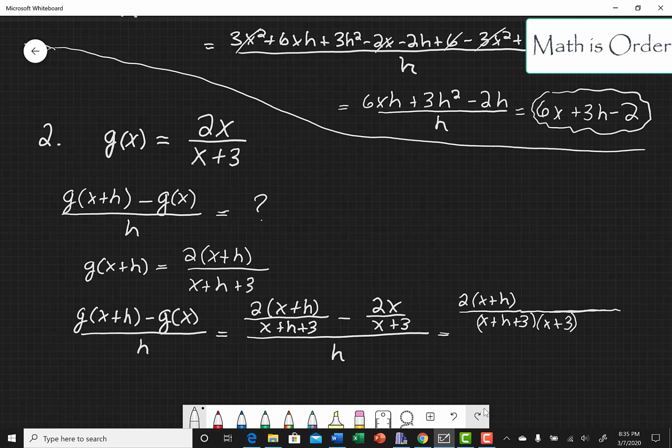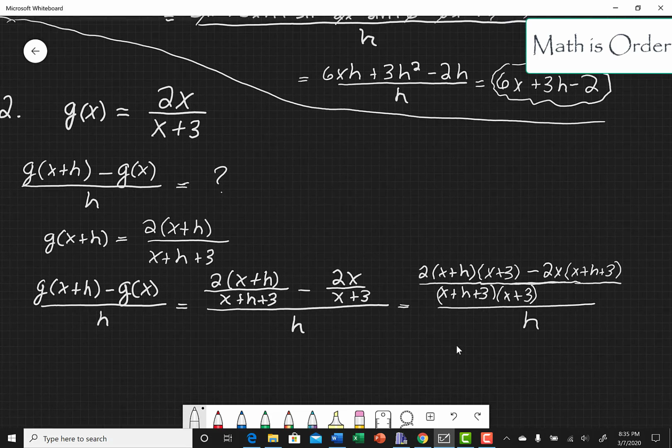Now I'm going to pick up x plus 3 in this numerator minus 2x, and over here in this numerator, on this side, I'm going to pick up an x plus h plus 3, to make equivalent numerators, all over h.